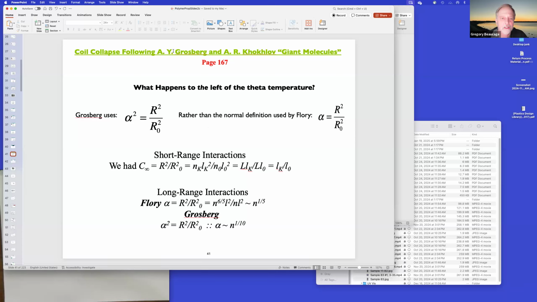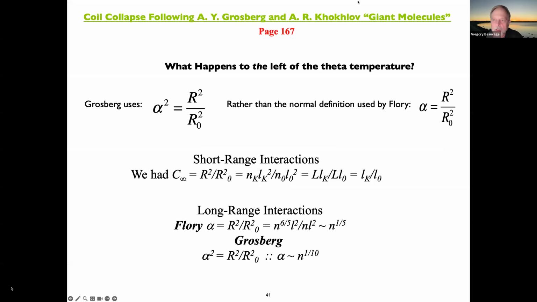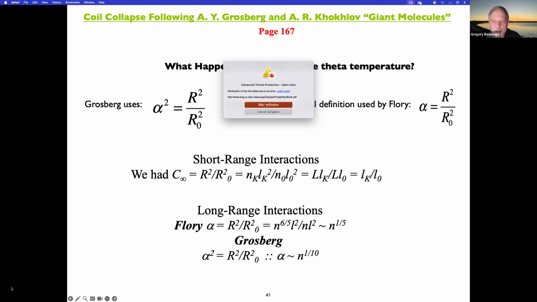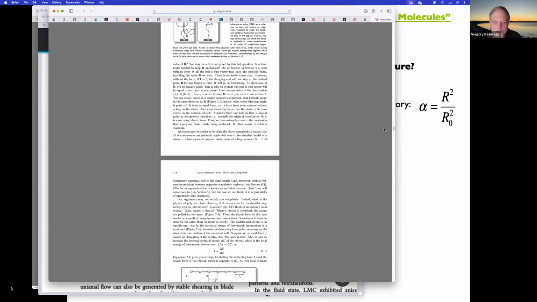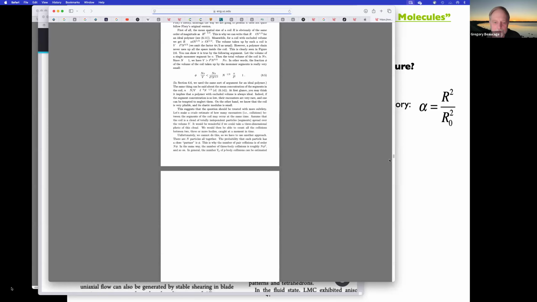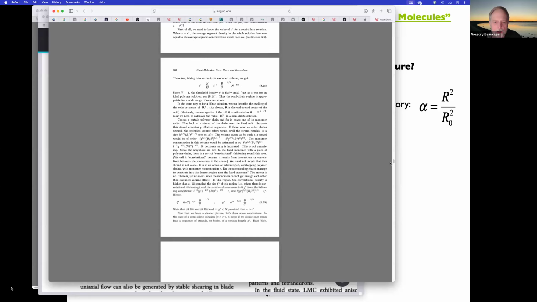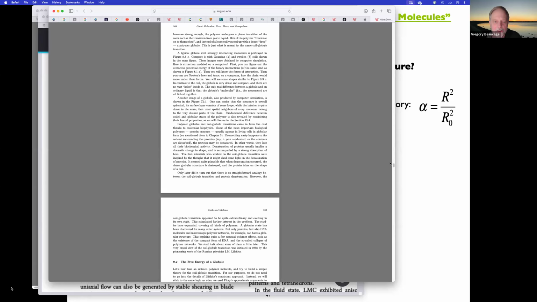I'm following this Grossberg book, which is linked up on the web page, and page 167 is where this stuff is, somewhere here.